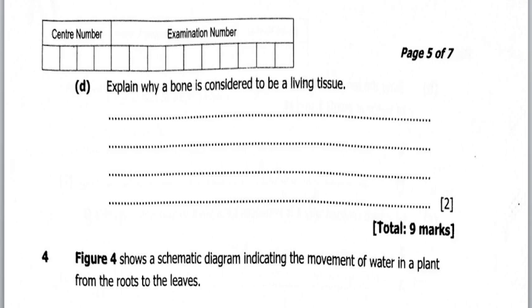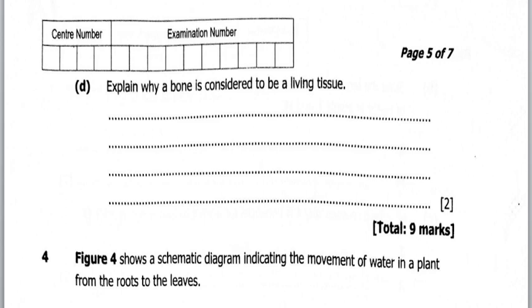Okay. Explain why a bone is considered to be a living tissue. Why is it that a bone is considered to be a living tissue? We consider a bone to be a living tissue because number one, it is made up of living cells. Number two, it contains and can produce red blood cells.